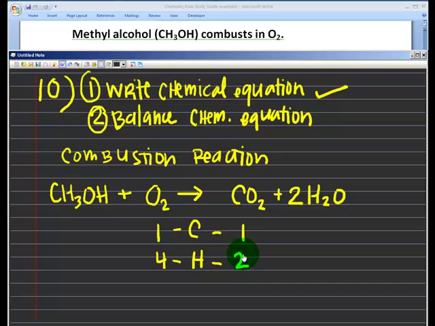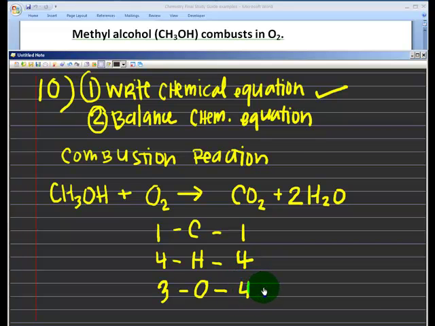That gives me now 2 times 2 hydrogens, which gives me 4. Now we do oxygen. On my reactant side, I have 1 oxygen in methyl alcohol and 2 oxygens in oxygen gas, so that equals 3. On my product side, I have 2 in carbon dioxide, and 2 times 1 here, I have 2 here. So 2 plus 2 is 4.